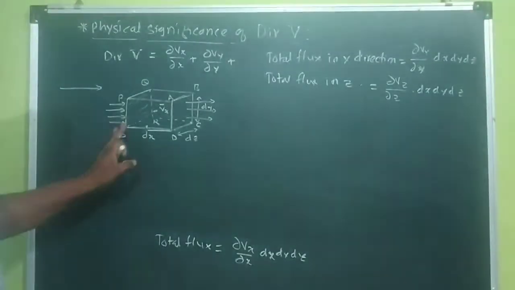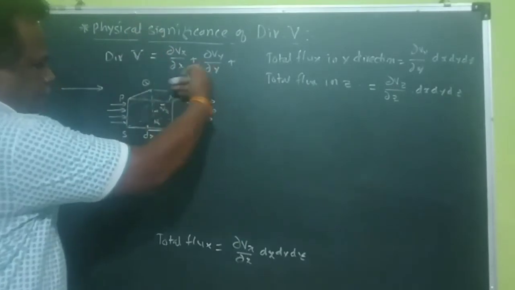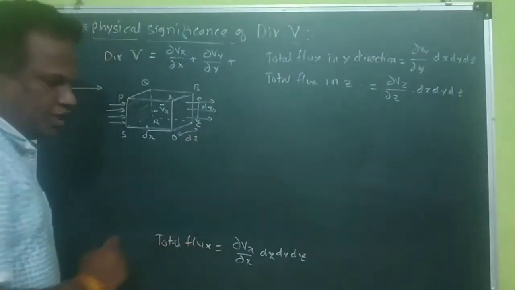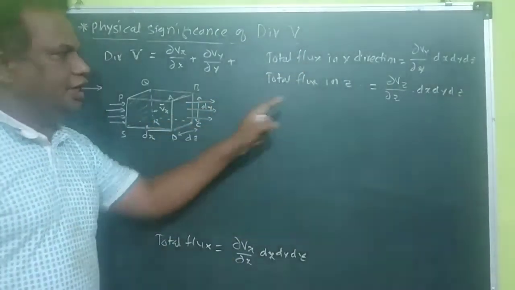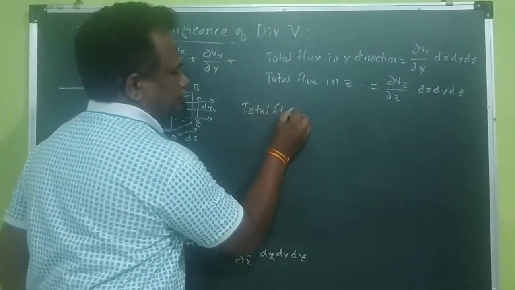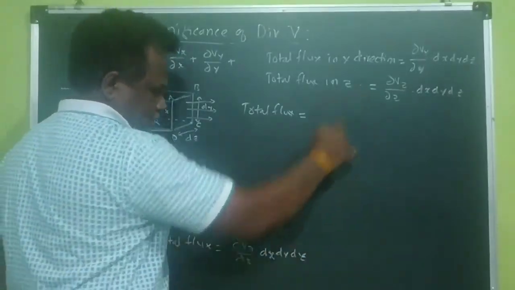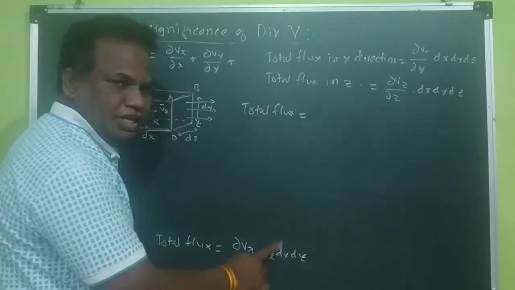So total variation of flux through this in different directions, x direction, y direction, and z direction, we can write. All total variation means addition of the x direction, y direction and z direction. So total flux in the box is given by all the additions, this plus this plus this. Here the common term is dx dy dz.